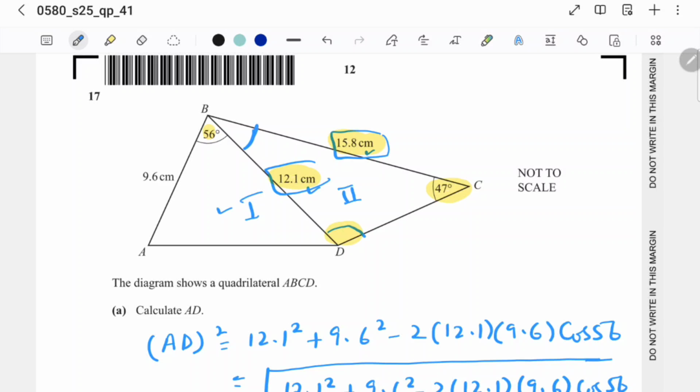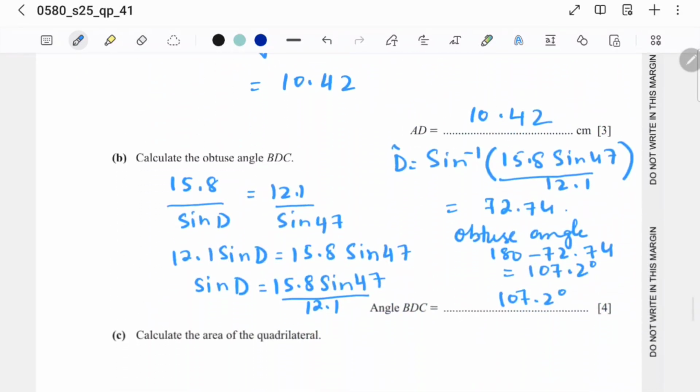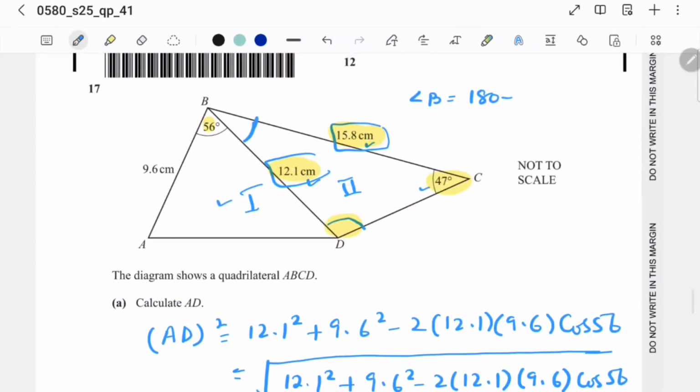Angle B will be equal to 180 minus the two angles, 47 and the angle D we found, 107.2 degrees. So 180 minus 47 and 107.2, you will get 25.8 degrees.